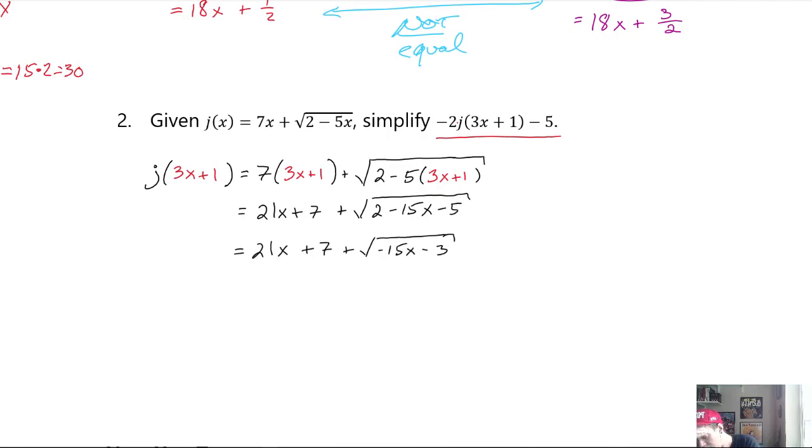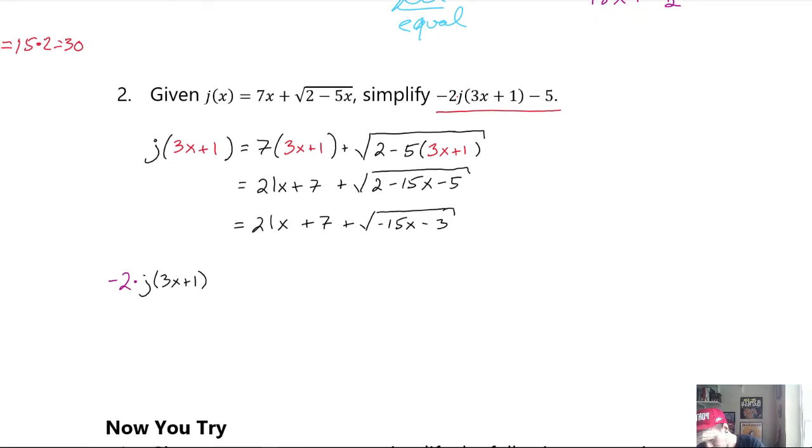Our next goal is going to be to say what is negative 2 times j of 3x plus 1. So we know what j of 3x plus 1 is. It's what we have above. And we're going to multiply all of that by negative 2. So I write negative 2 times, in parentheses, all of what we got for j of 3x plus 1. 21x plus 7 plus the square root of negative 15x minus 3.